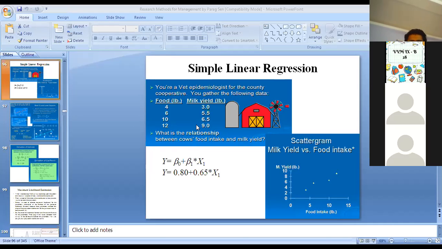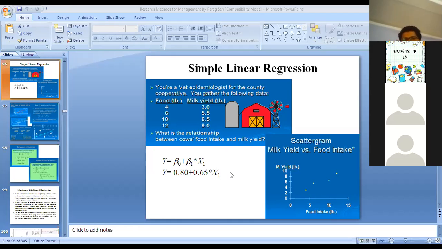Okay, similarly, if in place of x you put 6, you will get some values. That will be the estimated value for sample 2 or cow number 2, and this is your observed value. If you find out the difference, then it will be another residual for sample number 2.